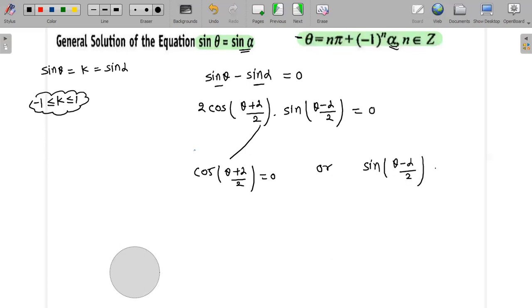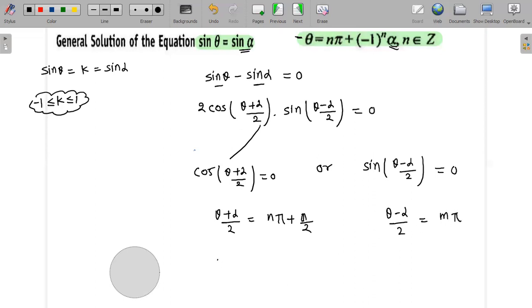Now, if I solve cosine of (theta plus alpha) by 2 equals 0, I end up getting (theta plus alpha) by 2 equals n pi plus pi by 2, which is basically the general solution for cosine of some angle equals 0. Similarly, corresponding to sine, I will write the general solution as (theta minus alpha) by 2 equals m pi.